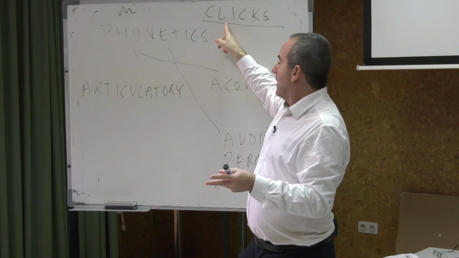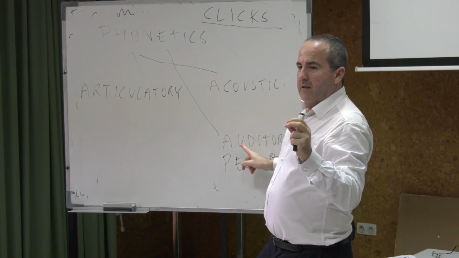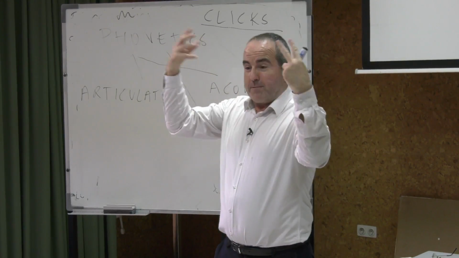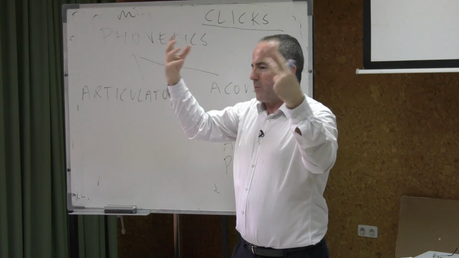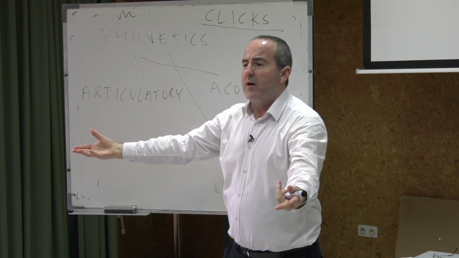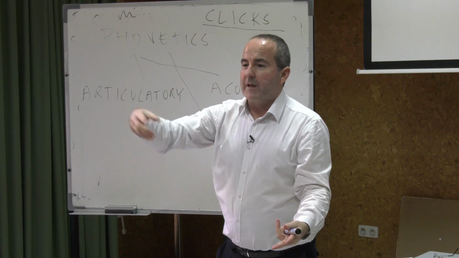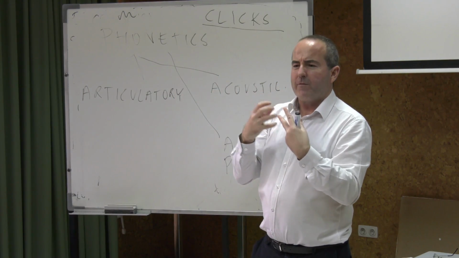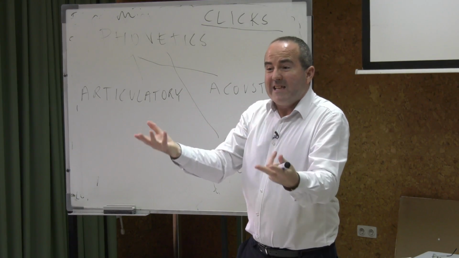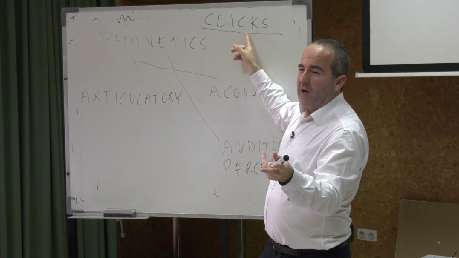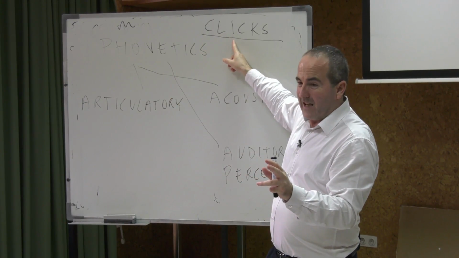And that's how we produce these clicks, which are auditorily and acoustically quite perceptible. We can perceive them very well, and so that's why they are very useful for languages of the world. But on the other hand, they are very difficult to pronounce with ease, and that's why there are very few languages that have these click sounds.